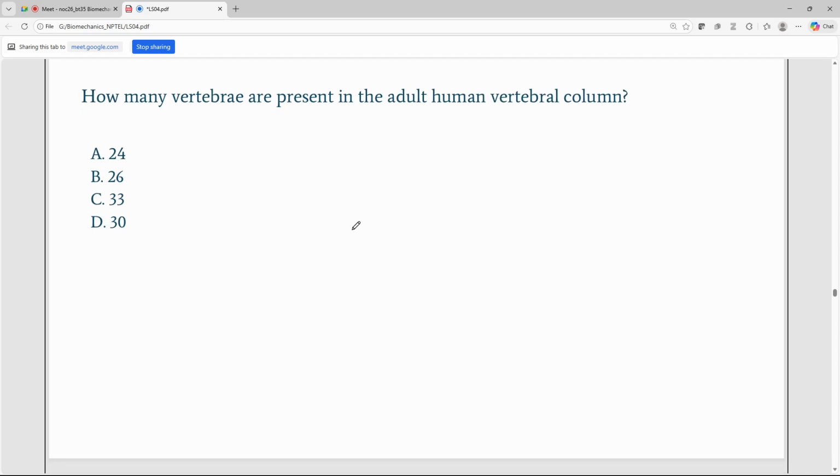Next question. How many vertebrae are present in adult human vertebral column? Options are 24, 26, 33, 30.